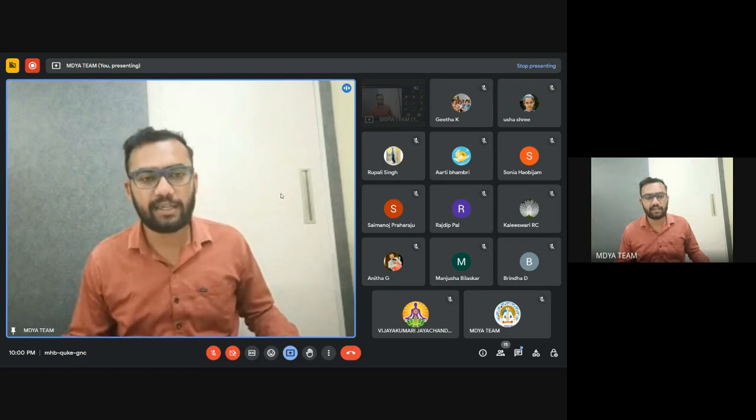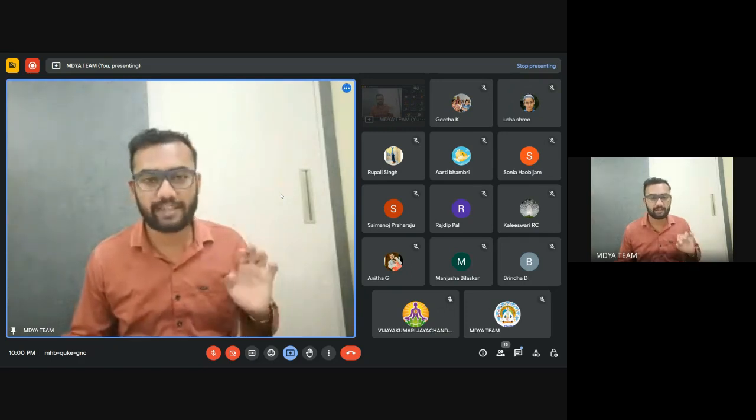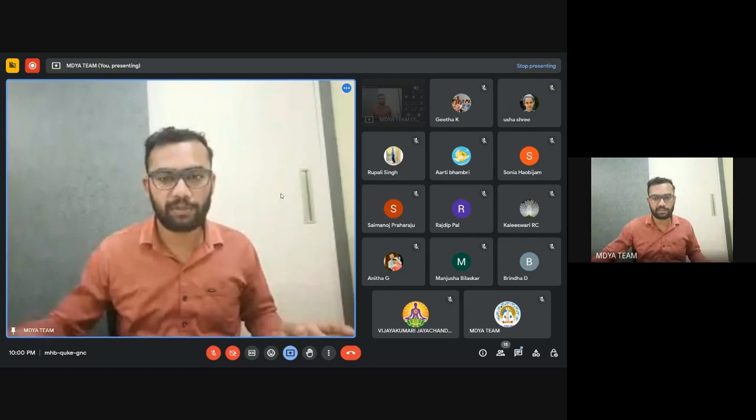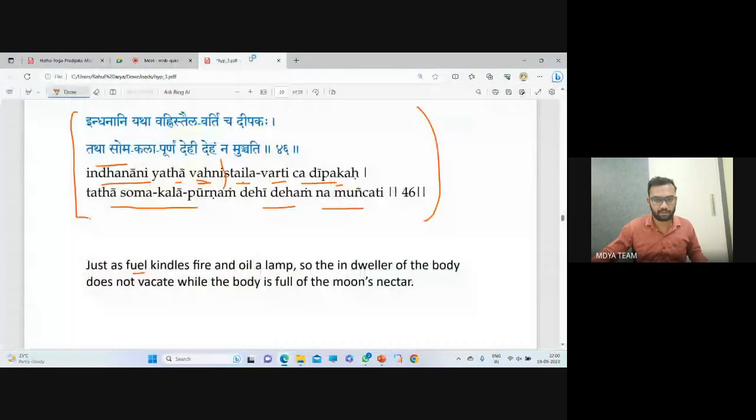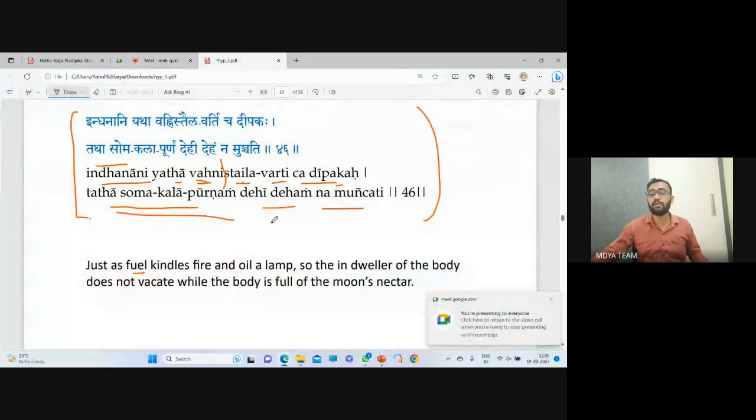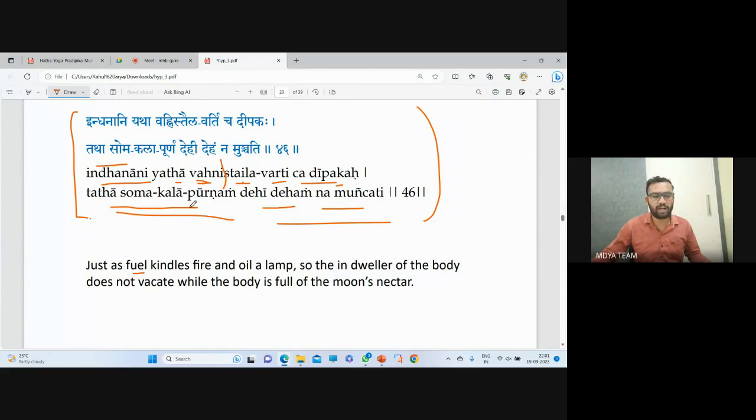That's why he lives longer in comparison to the general person. It is the main cause of long age. Same he is telling, Tatha Soma Kala Purnam Dehi Deham na Munchate. That nectar is the reason.